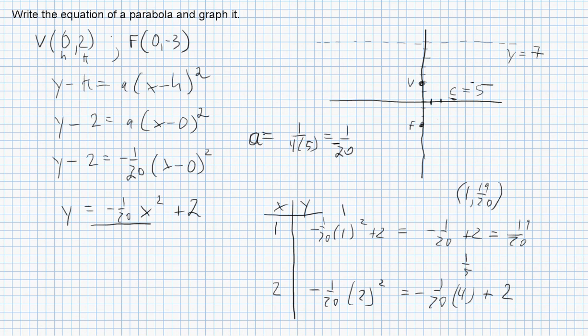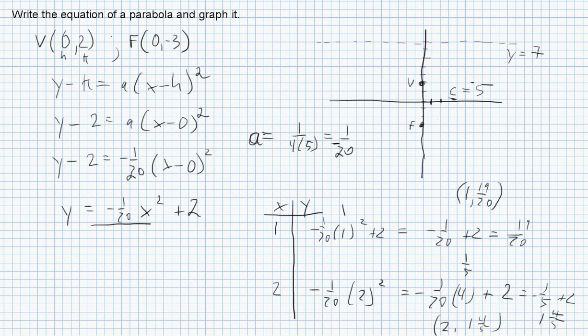So it's going to be negative 1/5 plus 2, which is 1 4/5. So the point 2, comma, 1 4/5 is on our graph as well.